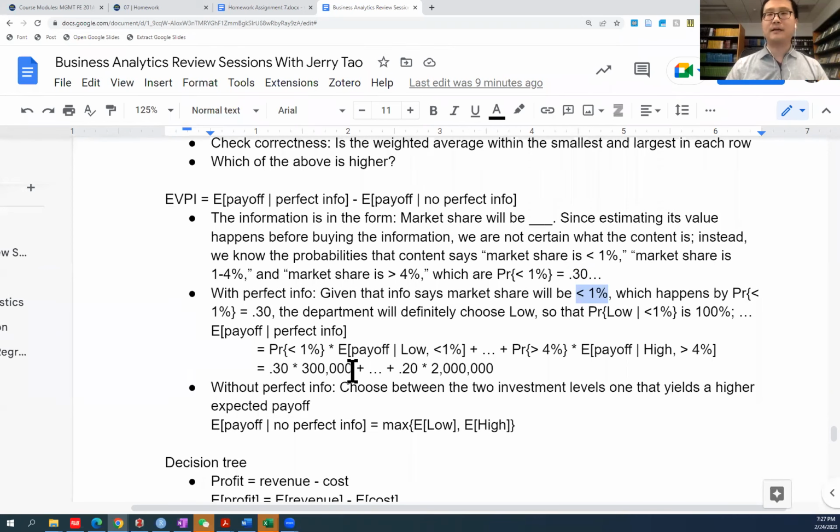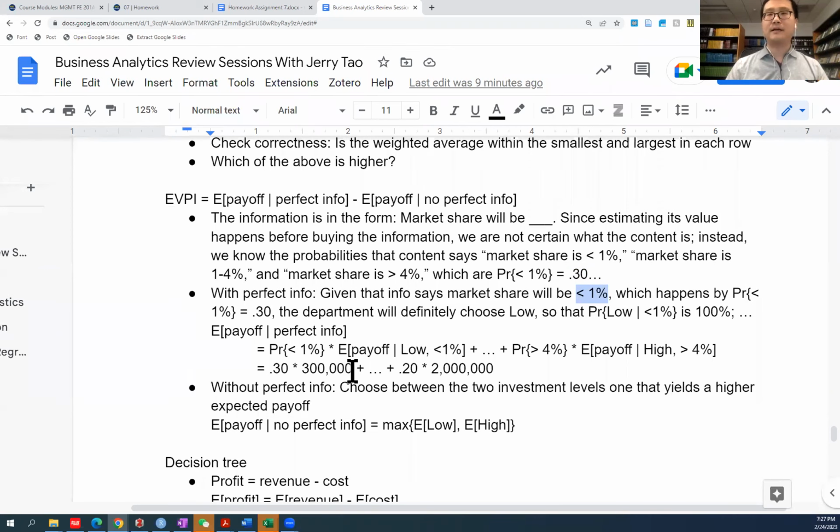For example, when we take the expected value of payoff without knowing further information about the market share, every piece of the expected payoff comes from low if we calculate the expected payoff of low. Instead, every piece of payoff would be associated with high if we are calculating the expected payoff of high. But with the perfect information, this would change.